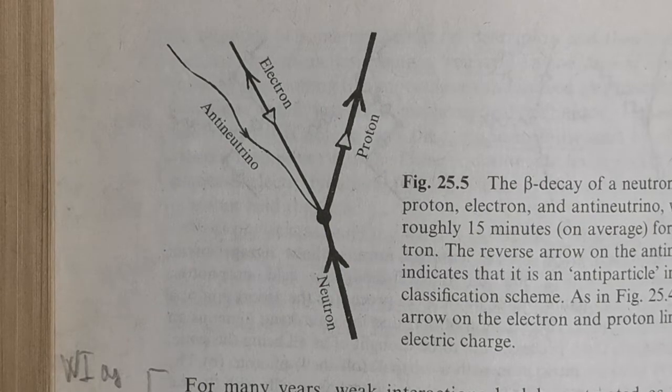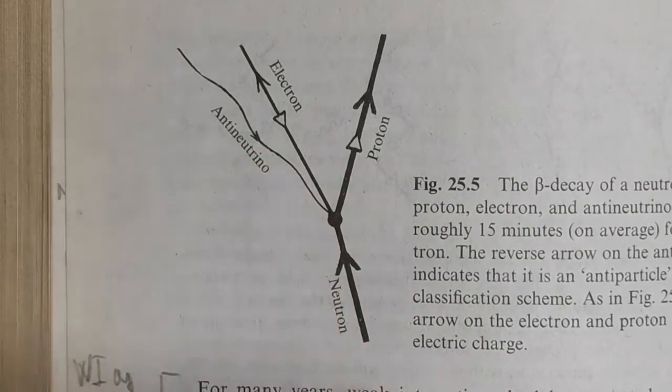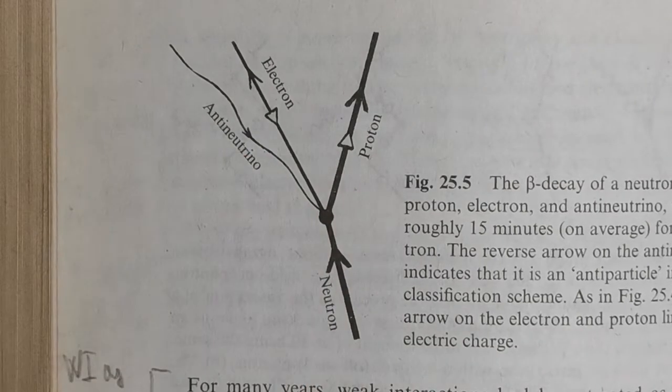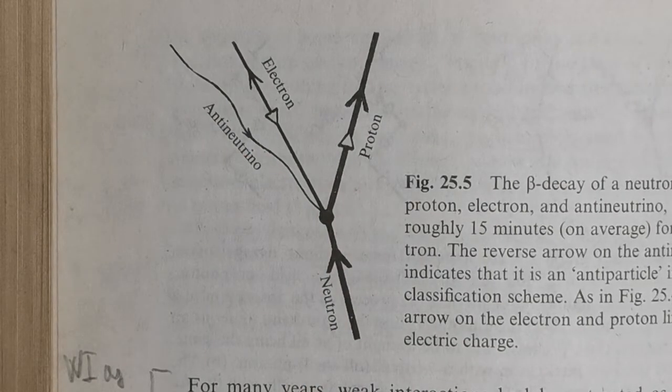So I think it's moving backwards in space-time. So it will move backwards in space, which corresponds to the movement of the particle in space. But it seems it will also move backwards in time.